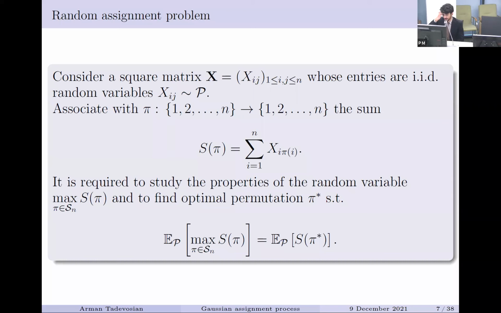So it is required to study the properties of the random variable maximum S of pi and to find an optimal permutation pi star such that the expectation of the maximum of S of pi is obtained when we compute the expectation only on S of pi star. So in this case, we call the permutation pi optimal.